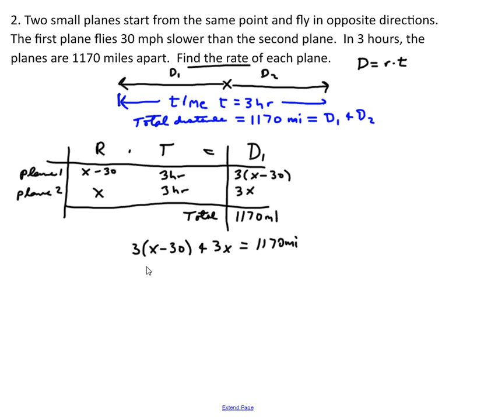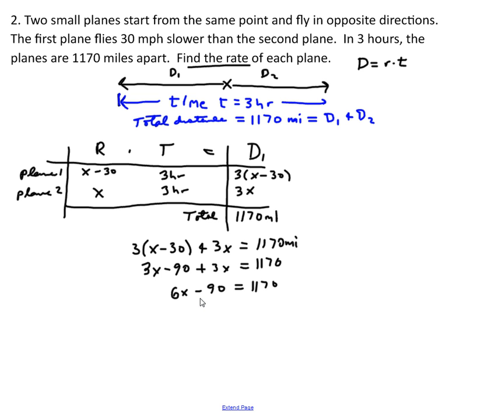All right, so what do we do with that? Well, let's carry out the addition, subtraction, whatever we need to do to combine our terms. 3 times x minus 3 times 30, that's 90, plus 3x equals 1170. Then we take 3x plus 3x, add together our like terms to get 6x minus 90 equals 1170.